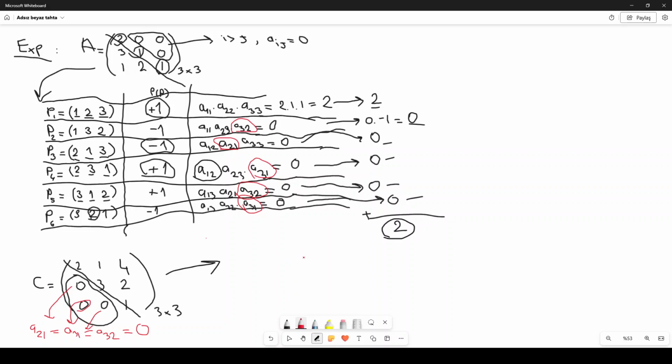Even if we have an upper triangular matrix, the determinant of C, as in this example, would be equal to the multiplication of the elements that lie on the main diagonal. And for the matrix C, we have 3 times 2 times 1, which is equal to 6.